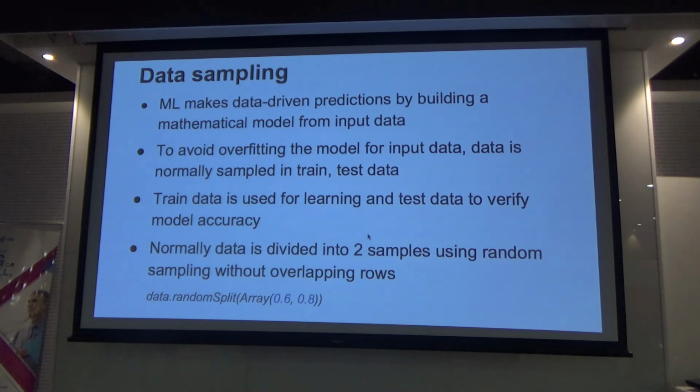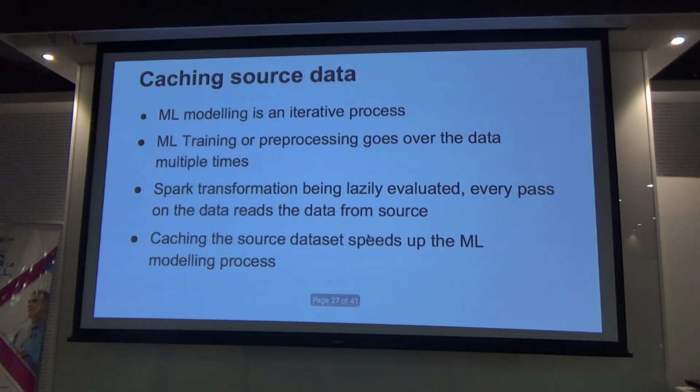That is very tricky to do with terabytes of data, but random split provides that feature. But there are other sampling strategies on top of the data frame, like dot sample, which will not give you a guarantee on the overlapping feature. So that comes at a cost.